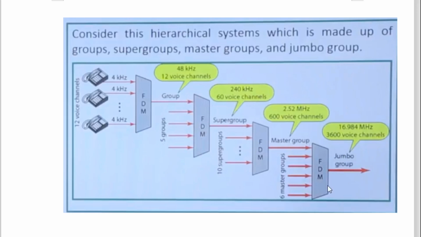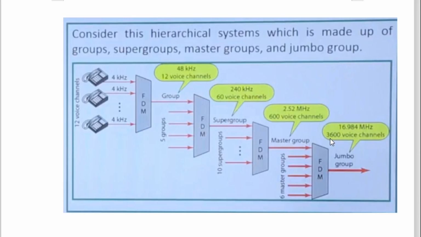The jumbo group consists of 6 master groups, and therefore it is said that here the carrier must be different for every information signal. You can see here how many voice channels? 3600 voice channels in a jumbo group, which means 3600 information signals.